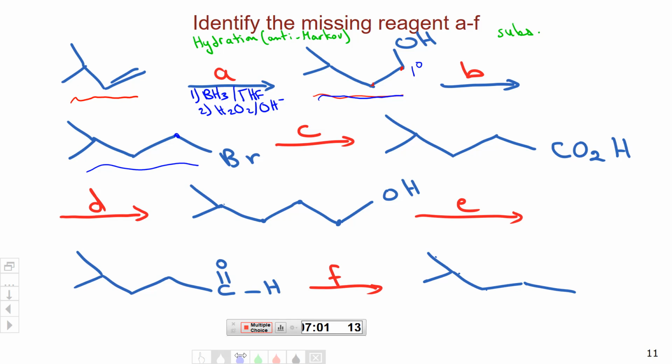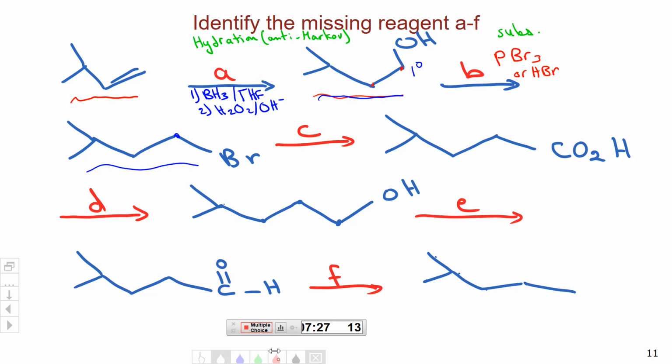One of them is to use phosphorus tribromide, PBr3, or HBr. Either or is right. You learned that from Orgo 1, and this is why I'm putting it in here as a review, that a primary alcohol, we can substitute the OH on a primary alcohol to a Br using either phosphorus tribromide or HBr.